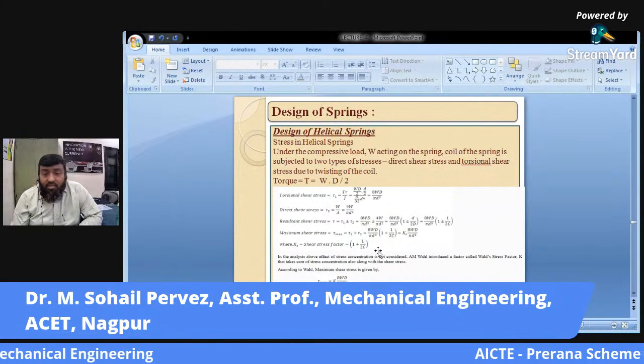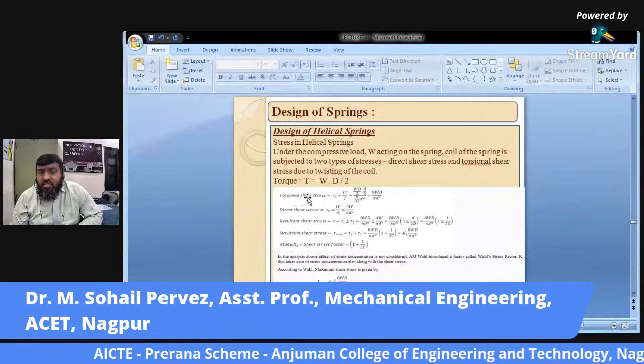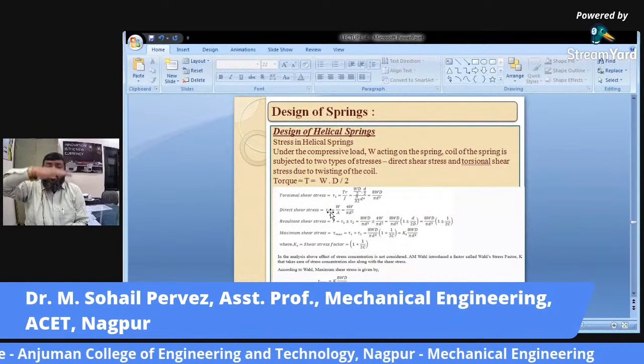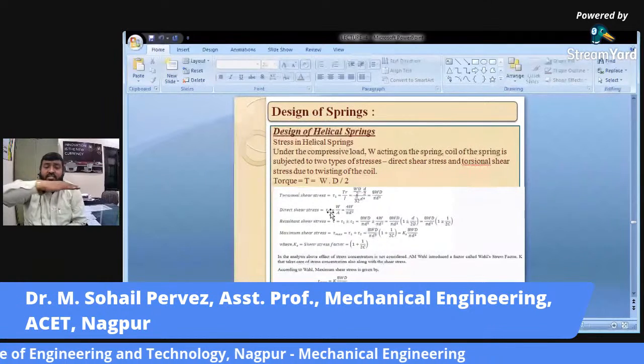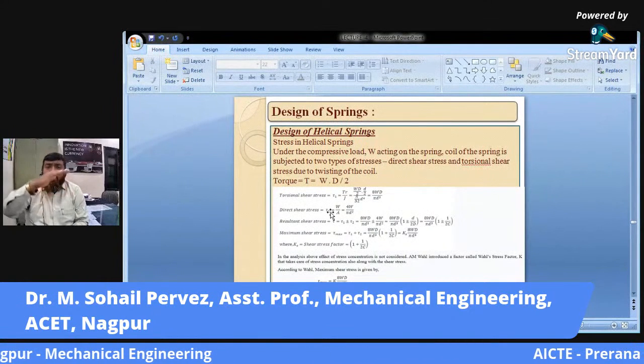Now you can see this is the simplest equation wherein we have torsional shear stress and direct shear stress. Direct shear stress means, suppose this is a spring. If some load is acting on this spring, and if there is a slight deviation along the line, then it may fail.